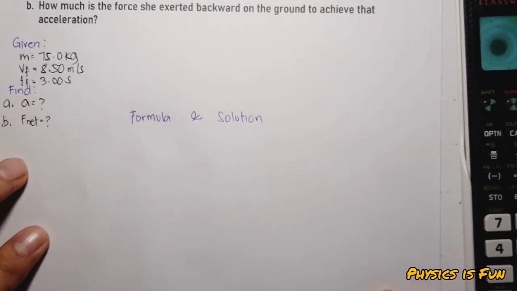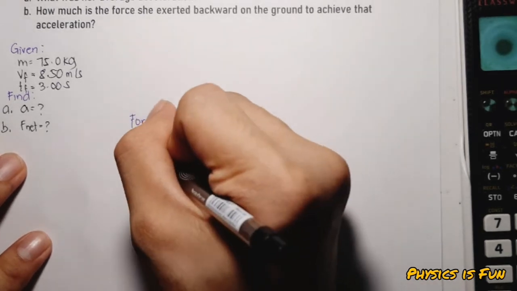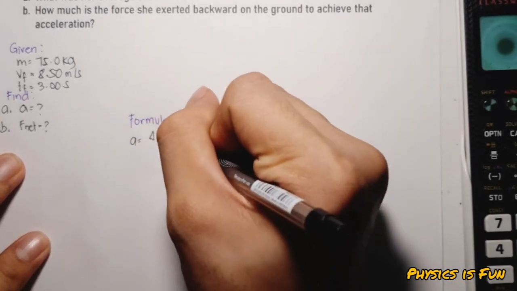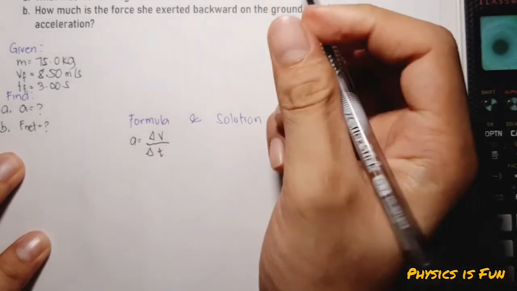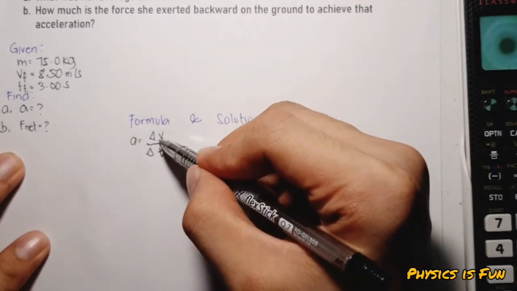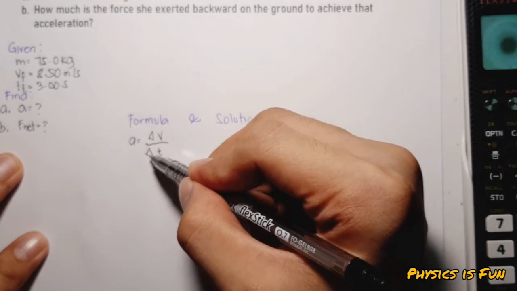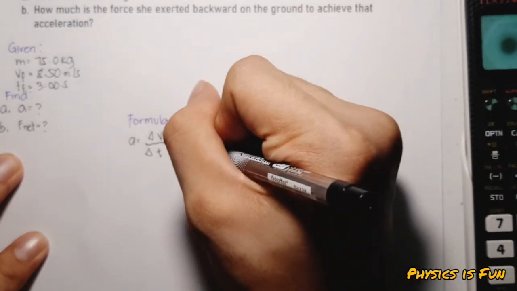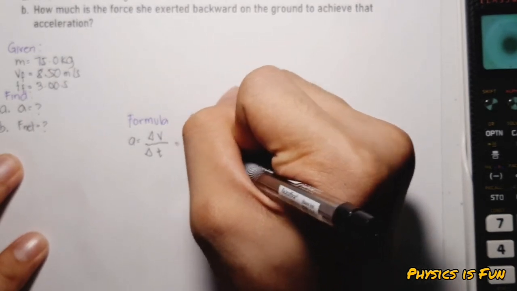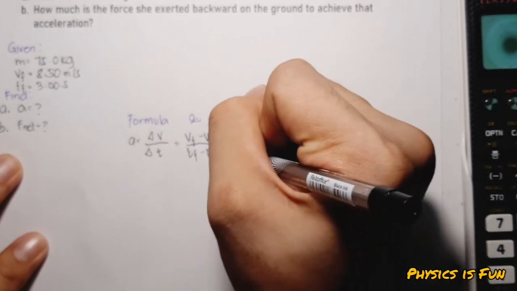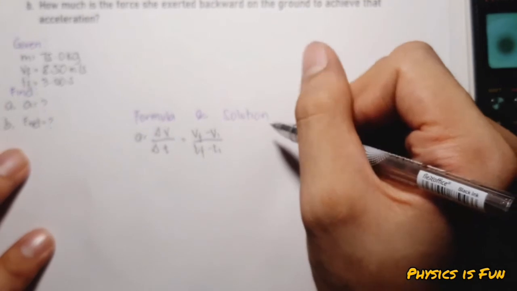In our formula, we need first to know what the formula of acceleration is. Acceleration is equal to delta V over delta T, which indicates Vf minus Vi over Tf minus Ti. Again, Vf minus Vi over Tf minus Ti. Let's substitute the values.